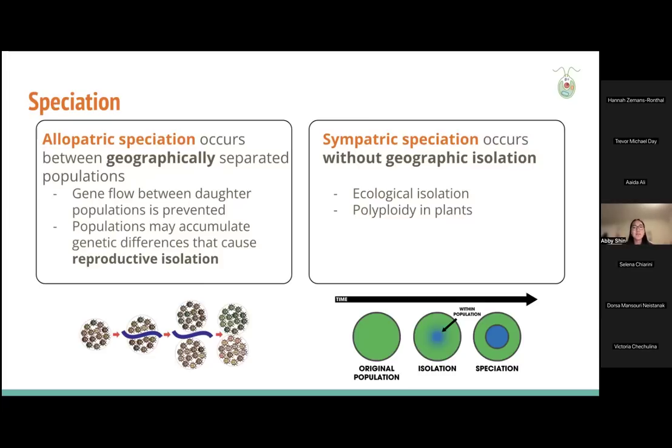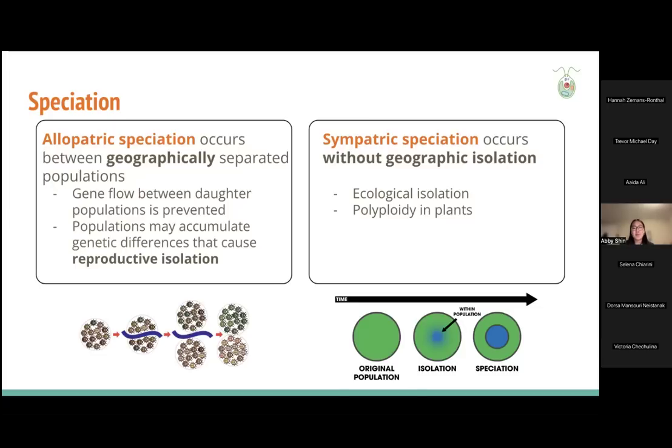The second one is sympatric speciation, which is a little bit confusing to think about because conceptually it is a bit odd, but essentially it's looking at if you have a group of organisms and somehow within that group, with no geographic isolation, a new species forms.